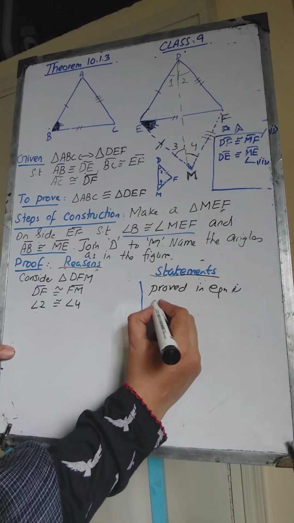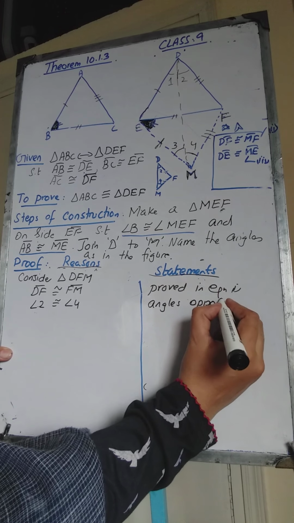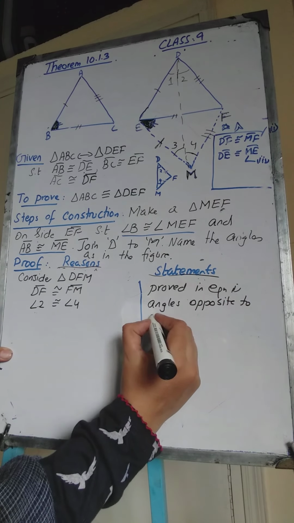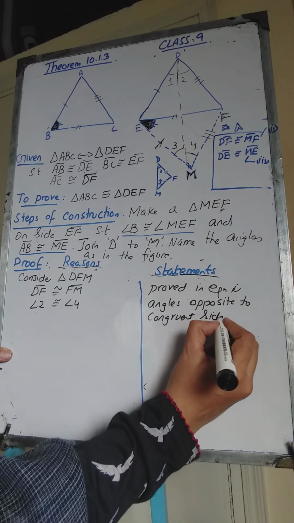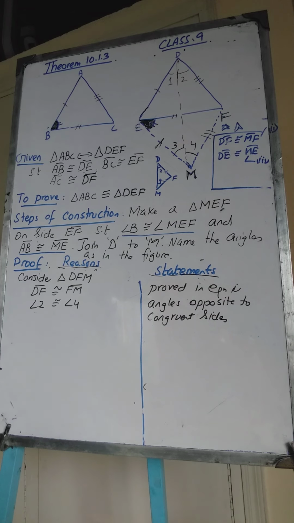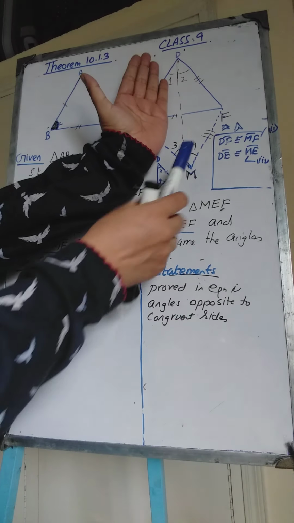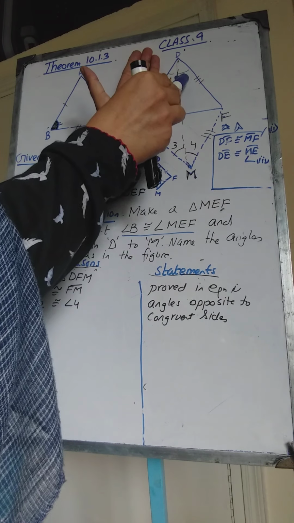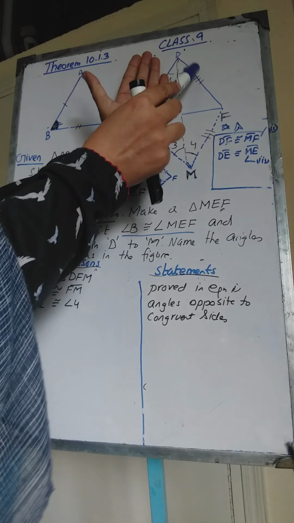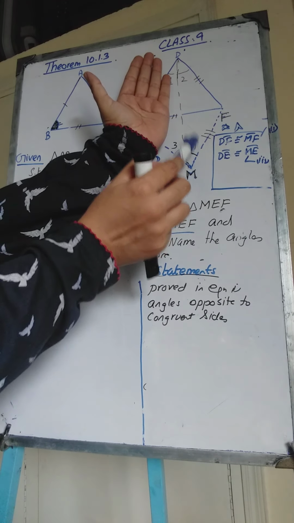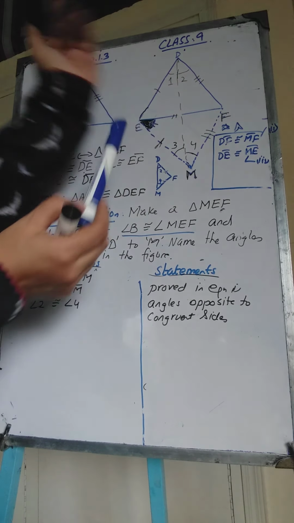This is because they are the angles opposite to congruent sides of a triangle. Opposite to DF we have angle 4 and opposite to FM we have angle 2. So angle 2 will be equal to angle 4.